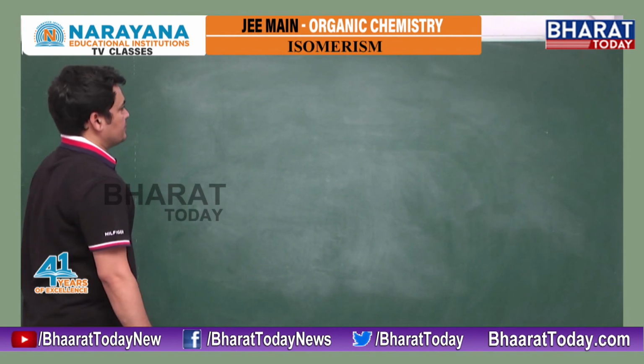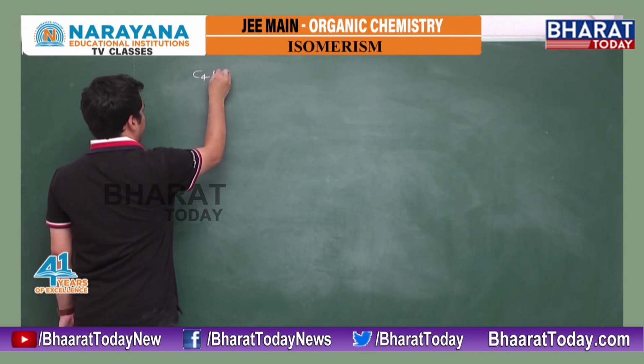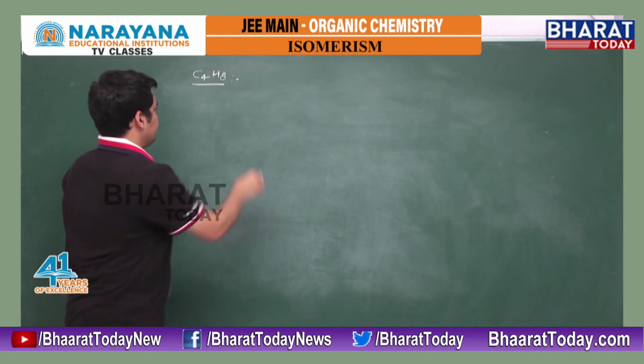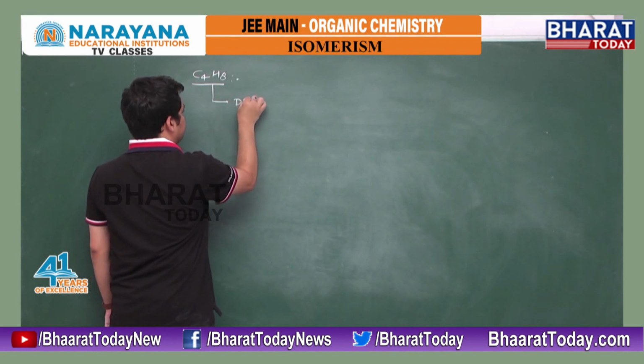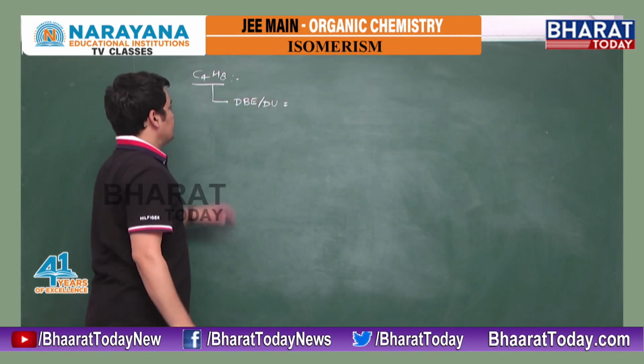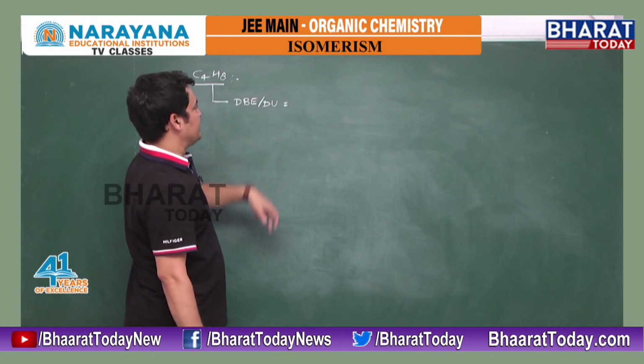Okay. So now the next example is C4H8, a basic example only. First we should check the DBE or degree of unsaturation, whatever you know. Carbon plus 1, 4 plus 1, 5, minus H by 2.